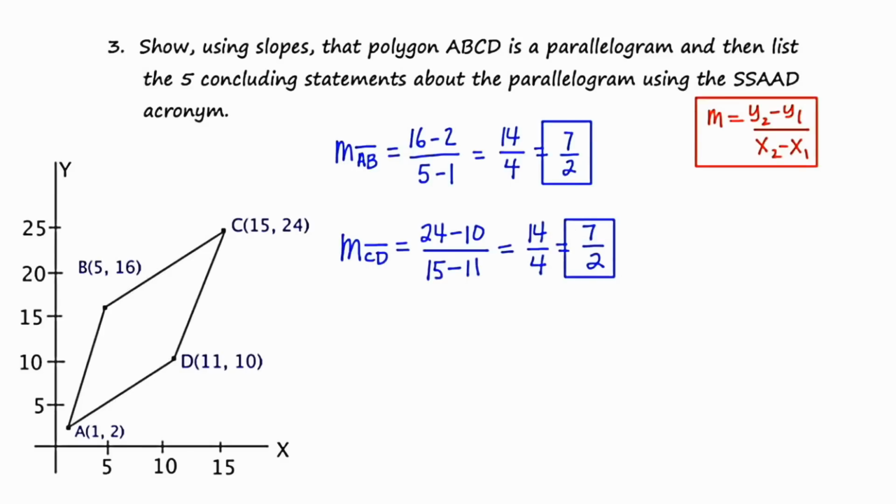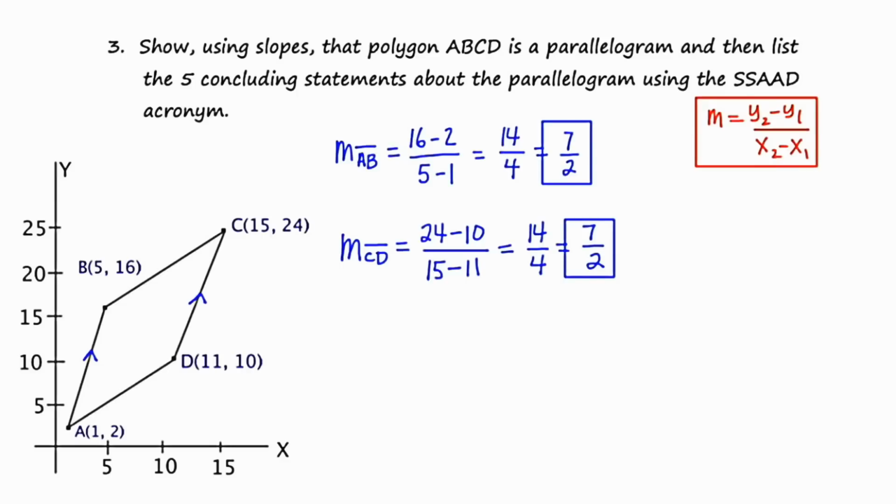So right now I can make a conclusion. I have a 4-sided polygon in which exactly 1 pair of opposite sides are parallel, or 1 pair is parallel. But in order to say that we have a parallelogram, both pairs of opposite sides have to be parallel. So we're only halfway done.